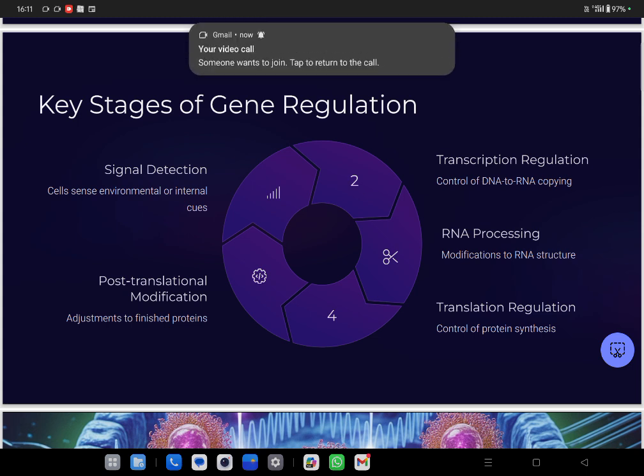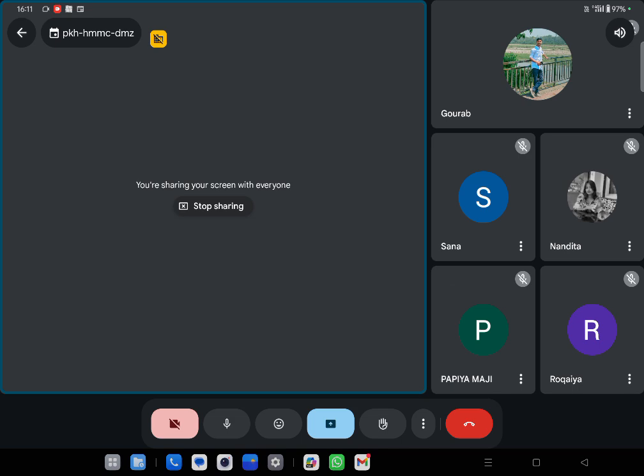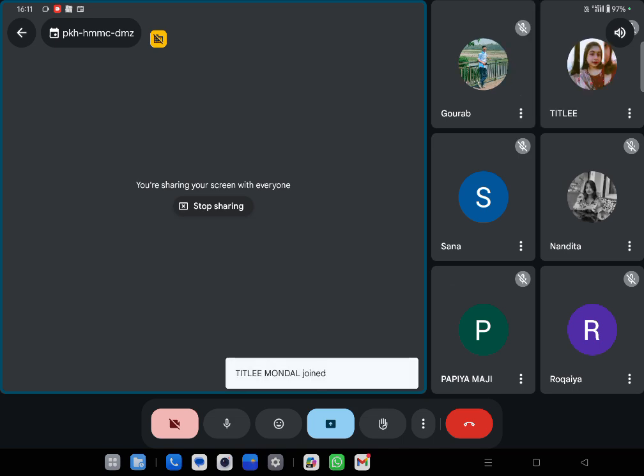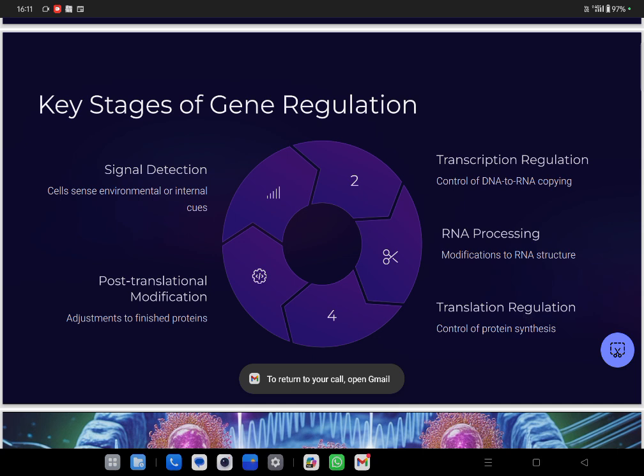And finally, you have post-translational modification. Proteins are phosphorylated or ubiquitinated, which regulates their stability and whether they will be active or not.